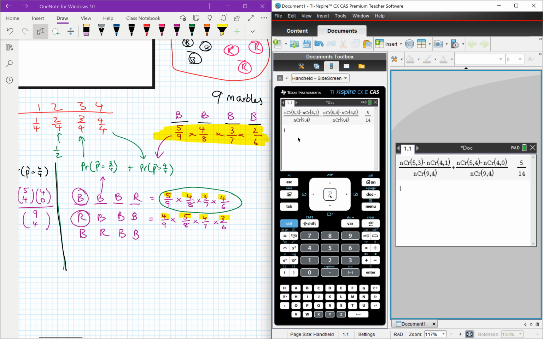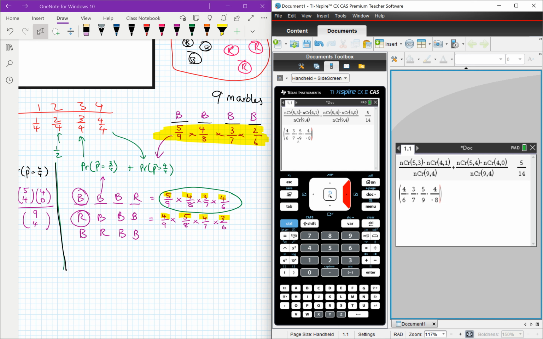So we would have done control divide, 5 out of 9 multiplied by 4 out of 8 multiplied by 3 out of 7, and then multiplied with 4 out of 6.